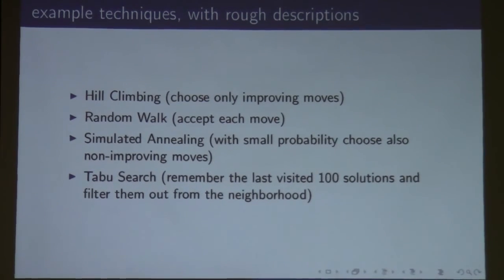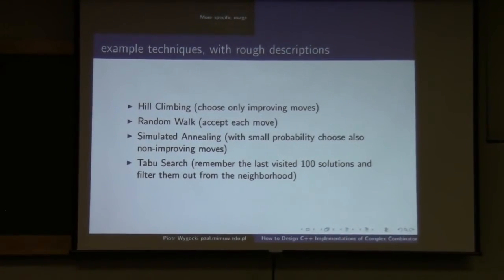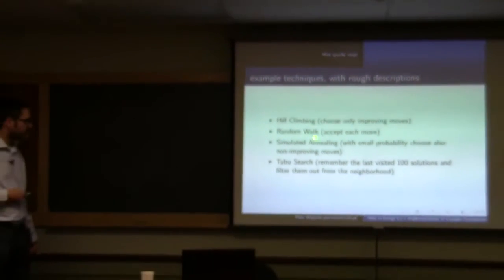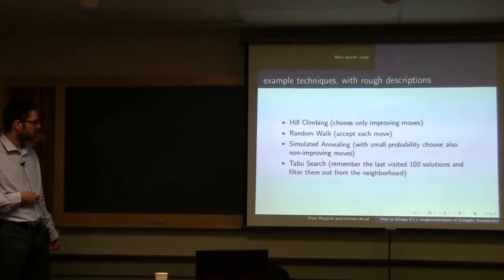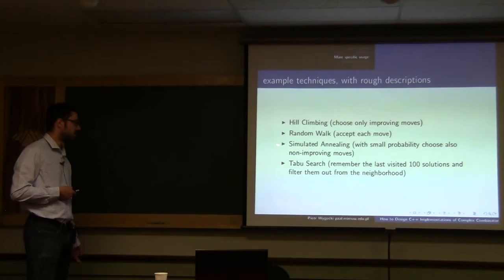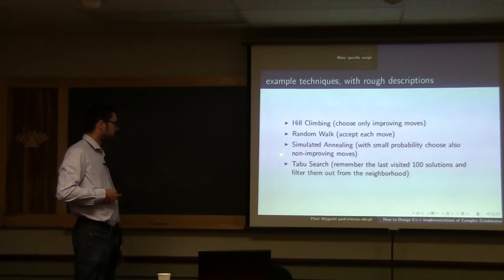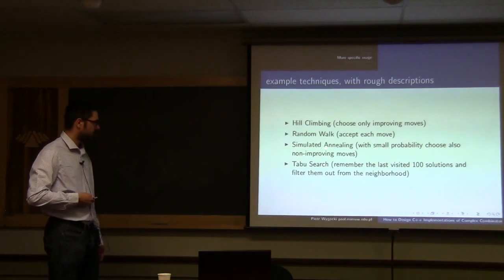So there are many different strategies which also accept non-improving moves. The first one is very trivial. It's the opposite of hill climbing. It's called random walk. It just accepts each move. It looks strange, but sometimes it's reasonable. There is another strategy called simulated annealing.